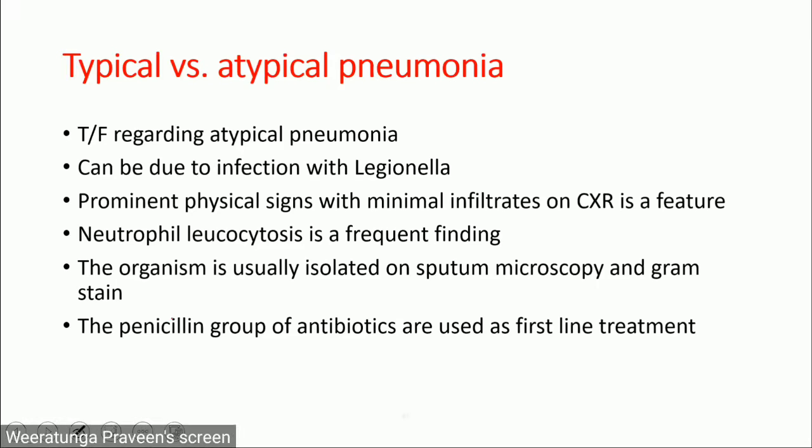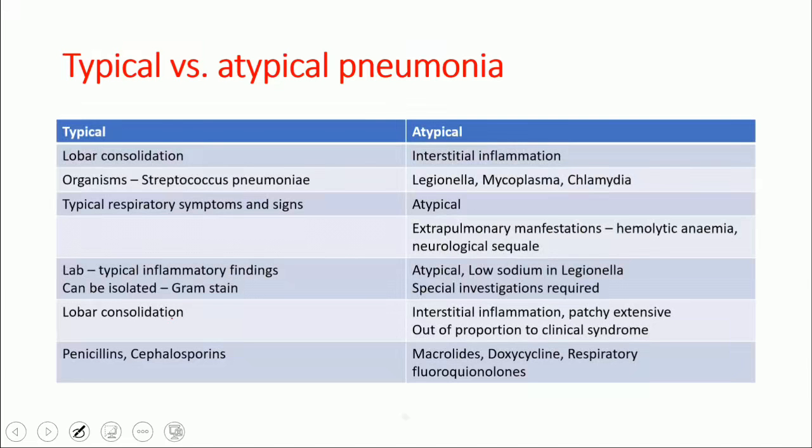So in typical pneumonia, the involvement is mainly alveolar, right? So it causes alveolar inflammation, alveolar consolidation. That is what you see in a typical pneumonia. In an atypical pneumonia, the infection is mostly interstitial, right?